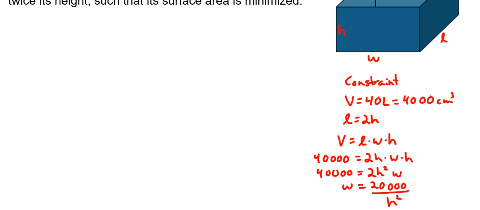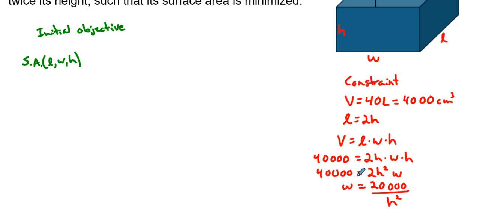Let's also take a look at our initial objective function. So initially, our objective is to minimize the surface area of this rectangular prism. So we know that the surface area is actually a function of length and width and height.